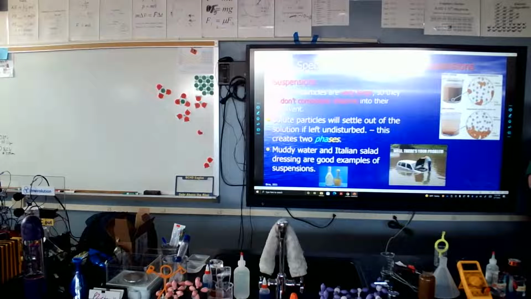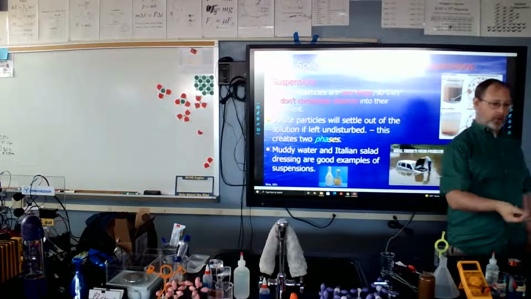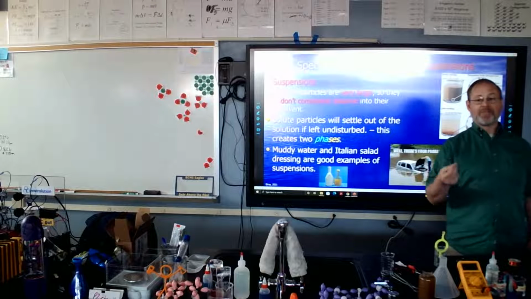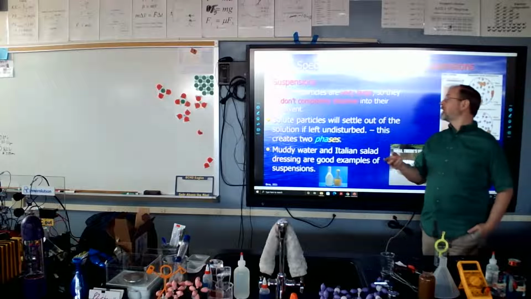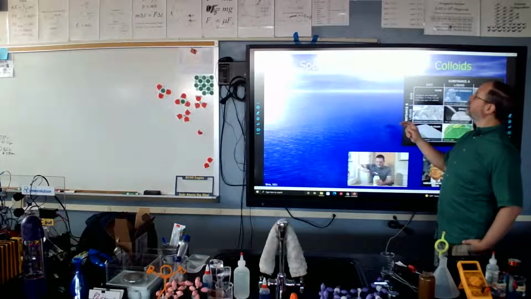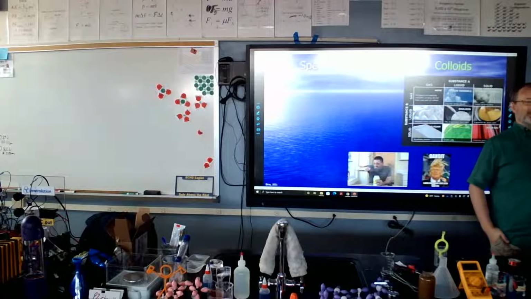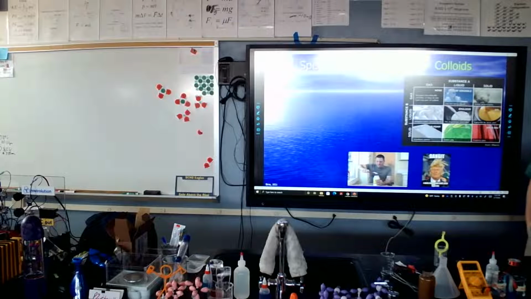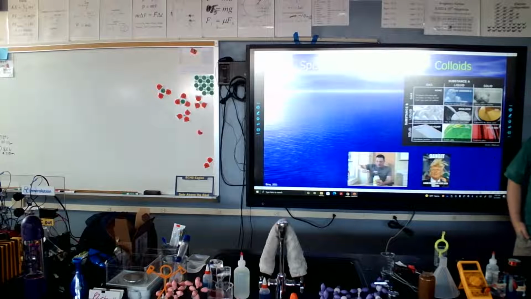And in between, a solution where the particles are small enough to dissolve, and a suspension where the particles are so large they settle out, is this crazy type of mixture called a colloid. Colloids are cool. Colloid particles are too large to dissolve, but they're not large enough to settle out.